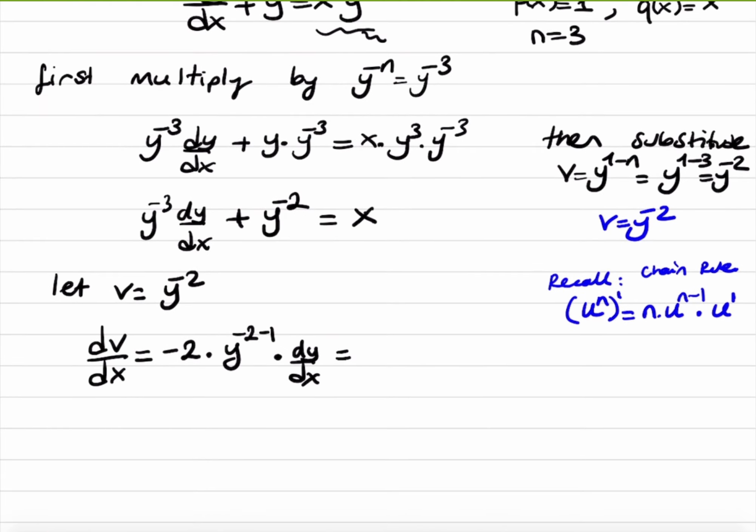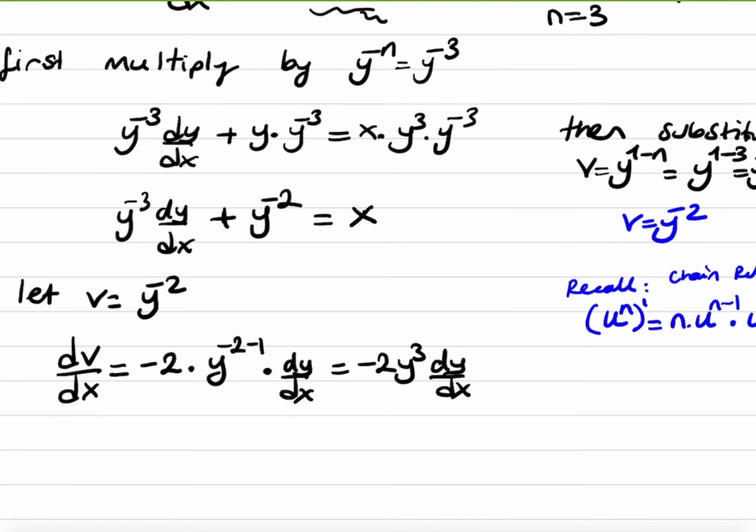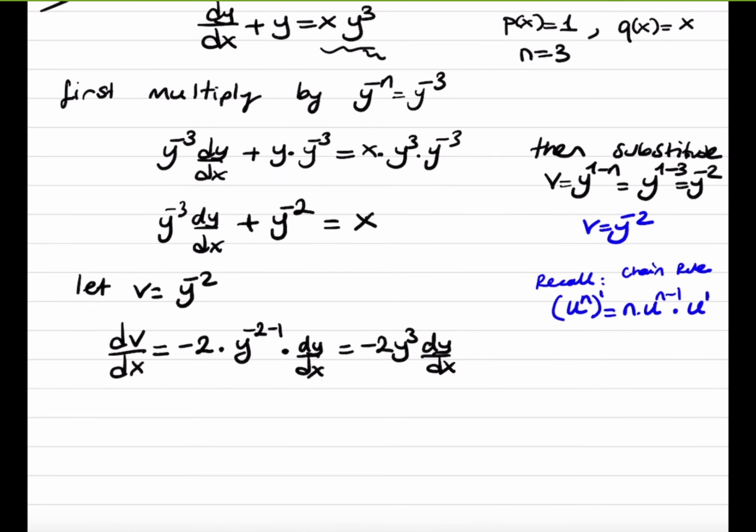In this case we have minus 2 y cubed dy over dx is equal to dv over dx. Okay, we will just substitute in the equation.